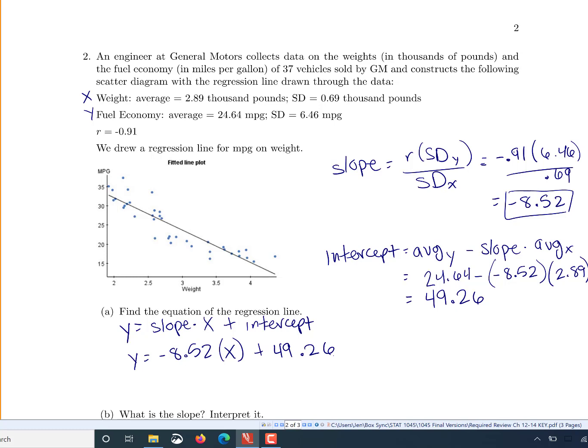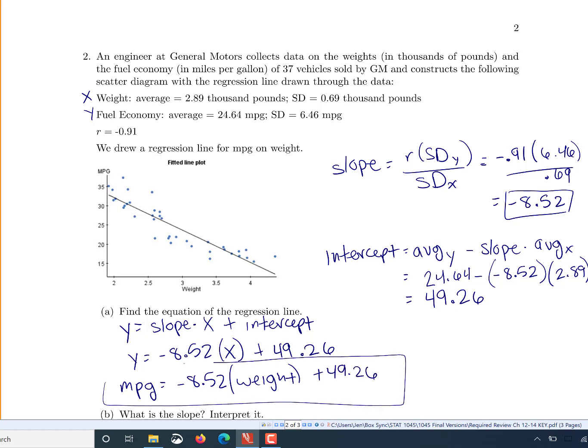Now you can leave it like this, or I prefer to put it back into terms of what I'm working with. So I would actually say here, y, my miles per gallon, is equal to negative 8.52 times x, which is weight, plus 49.26. To me, that's just a little bit easier to work with and helps me remember which ones are my x's and y's.